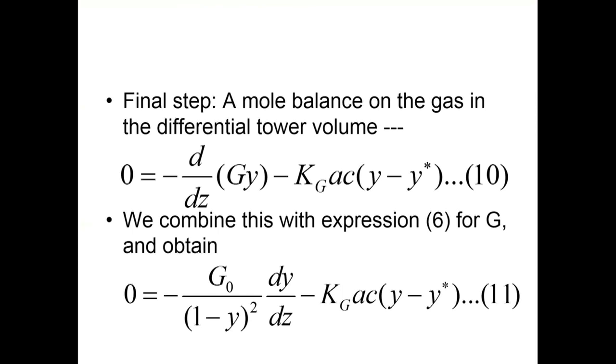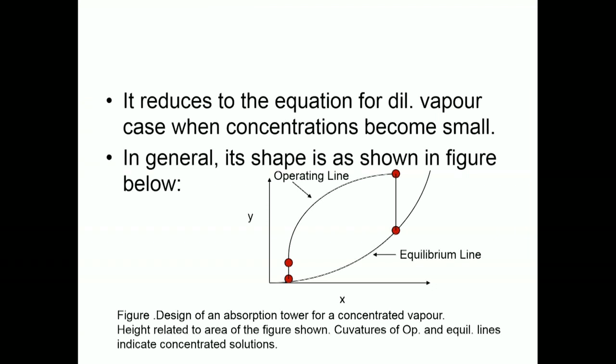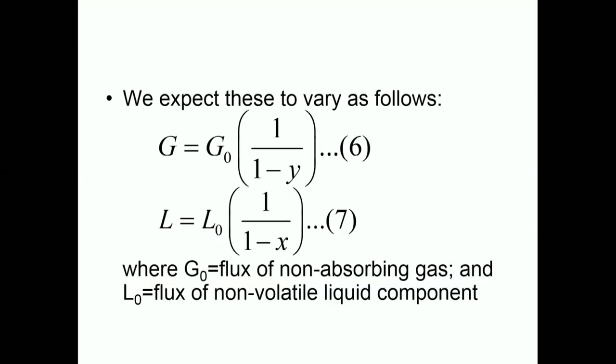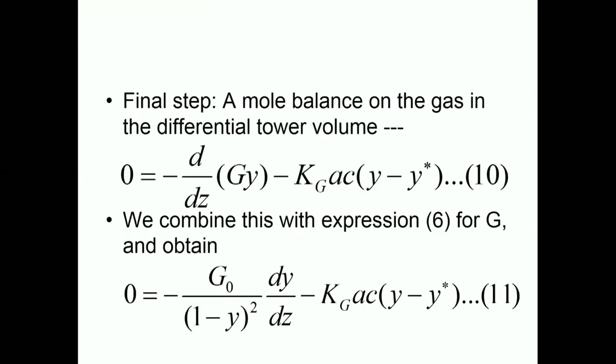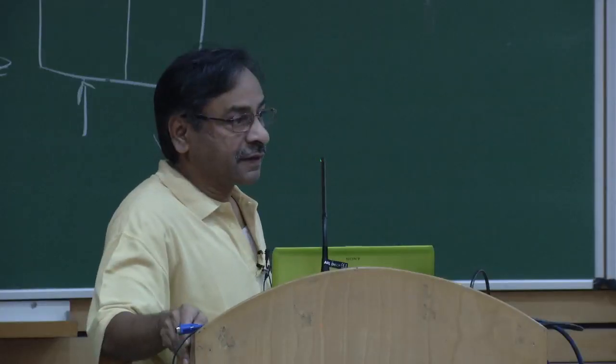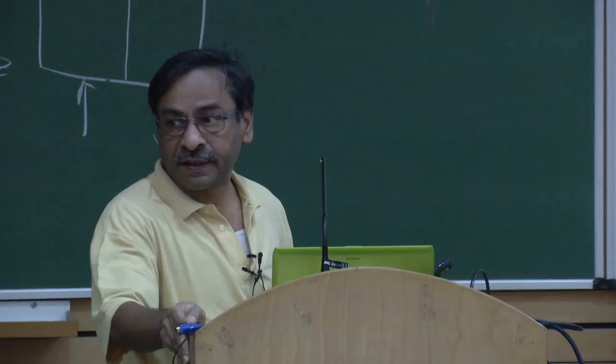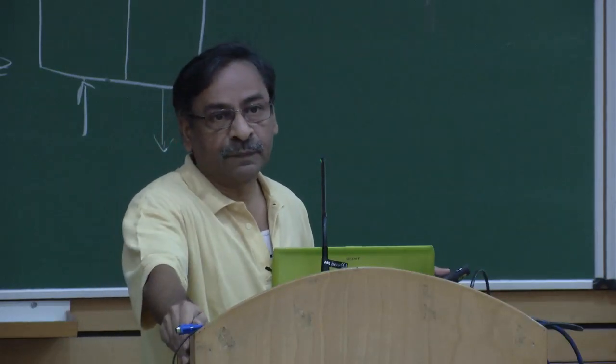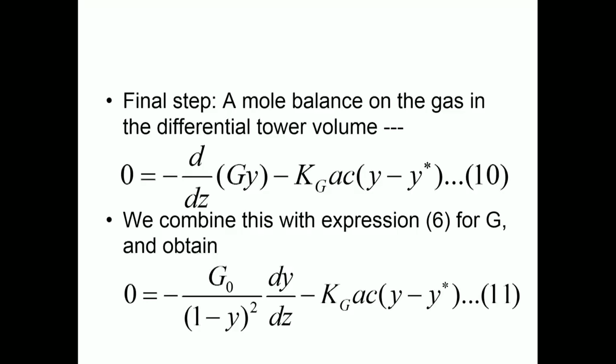So, we substitute for G again from here, G0 upon 1 minus y, and write this as minus G0, that is a constant, we pull it out, that is the insoluble component's molar flux, and then we have d by dz of y by 1 minus y. So, that gives you (1 minus y) to the power minus 2 minus dy.